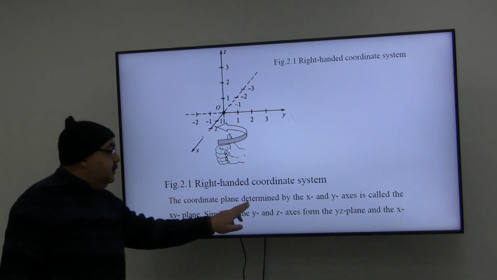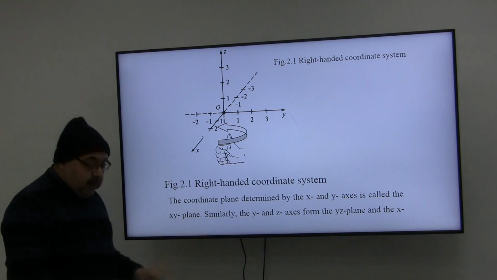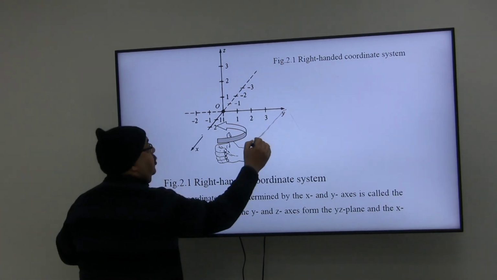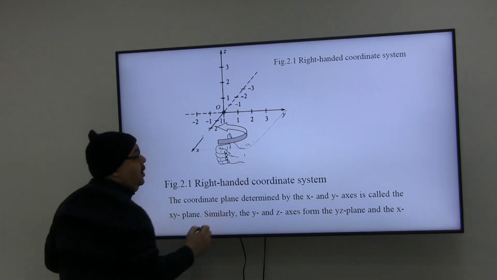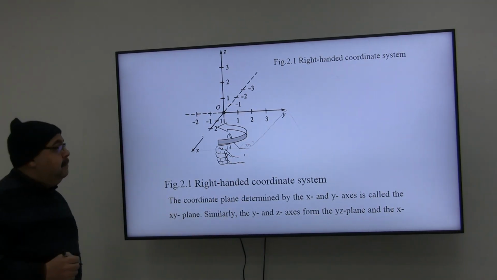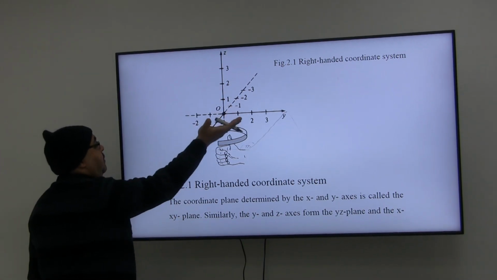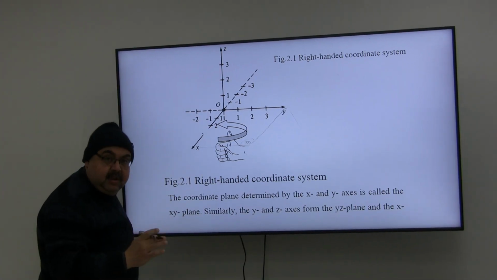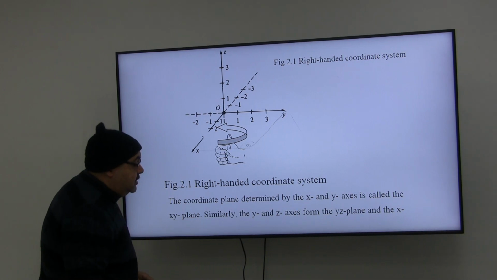The coordinates determine the X and Y axes, and the XY will have what is called the XY plane. So this part is the XY plane, and you will be moving away from the plane by moving up through the Z axis, as you can see.